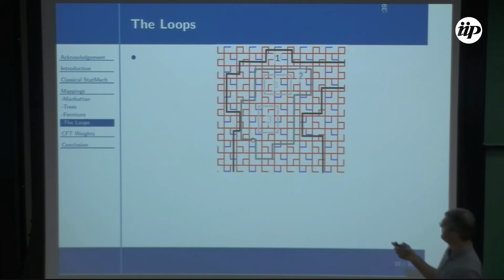So each one of these loops has a weight, a partition function, which is a determinant of a matrix that one can easily write.